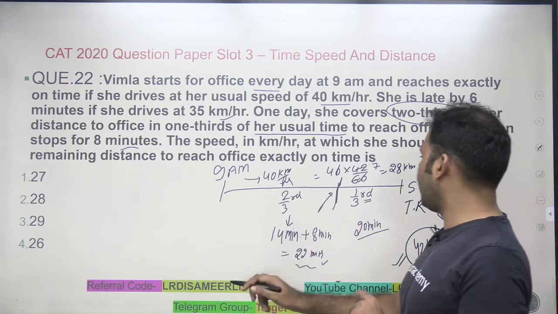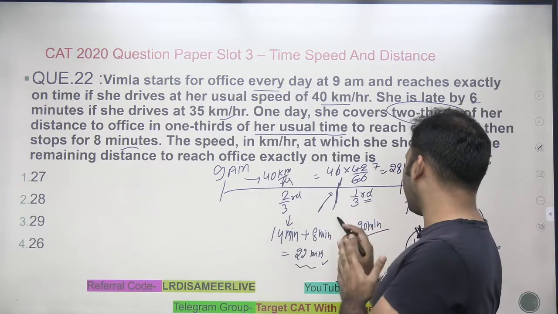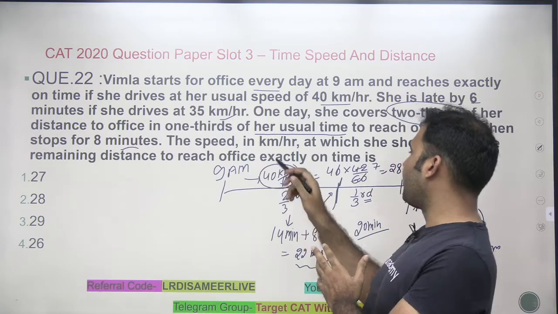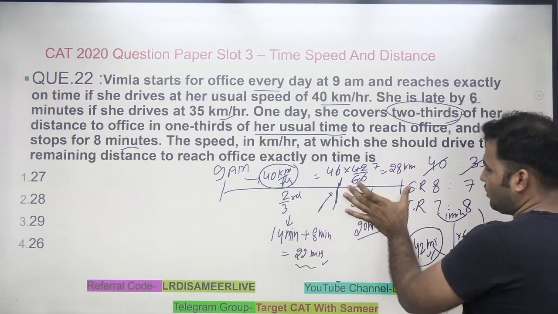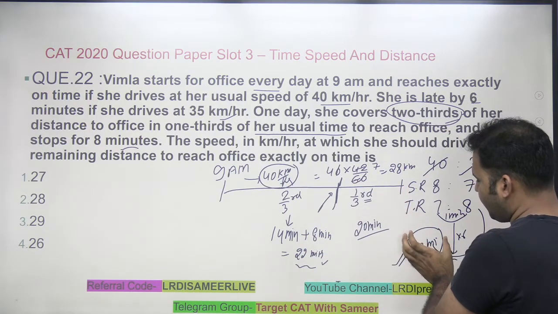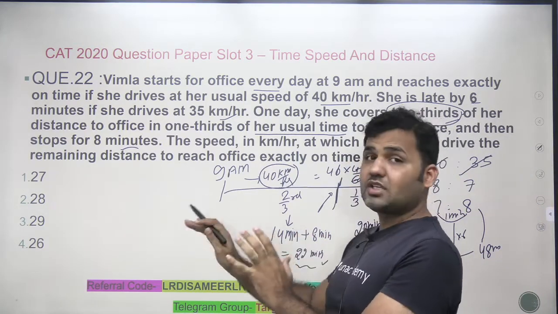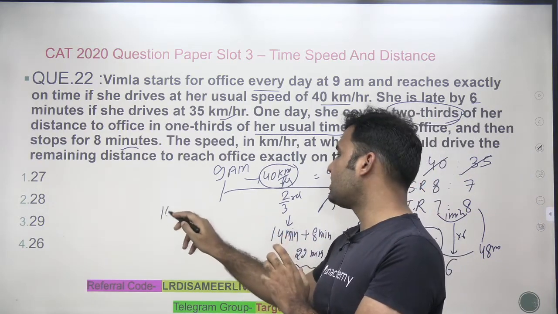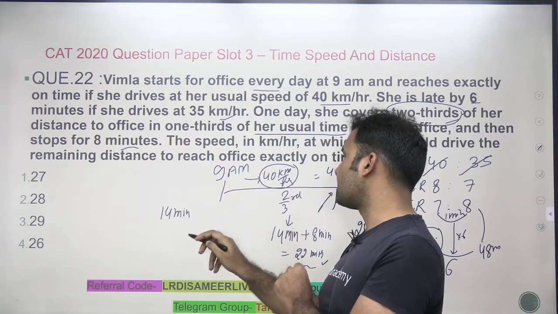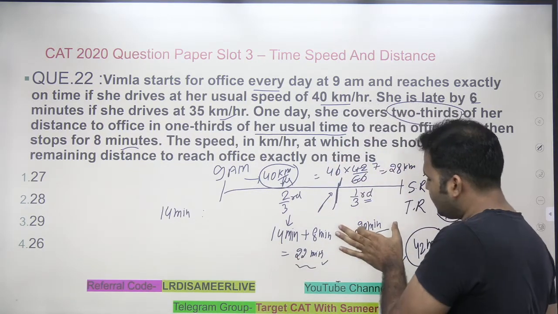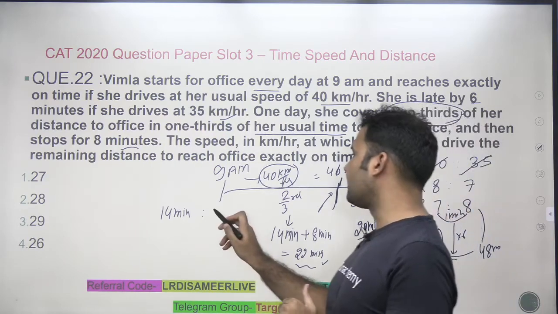Now what should be her speed? Normally, the 1/3 distance is traveled at 40 kilometers per hour, right? This 1/3 of the distance will be traveled in 14 minutes. If she is traveling at the normal speed, she would take 14 minutes to travel the distance. But she has 20 minutes to travel the distance.